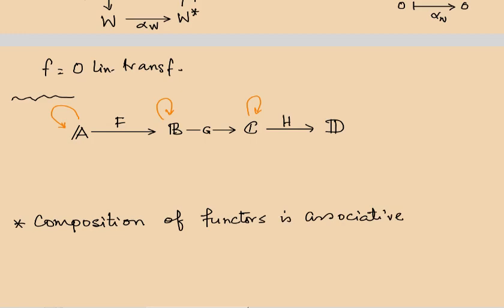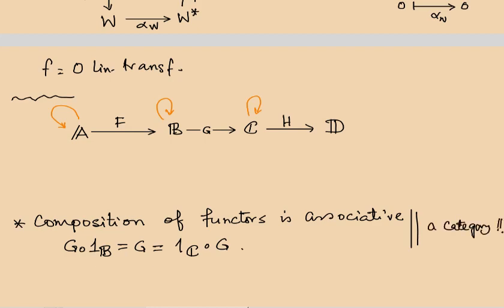And G composed with the identity functor is the same as the identity functor of C composed with G. Okay, so it seems there is a category here. All right. Now let's see another one.